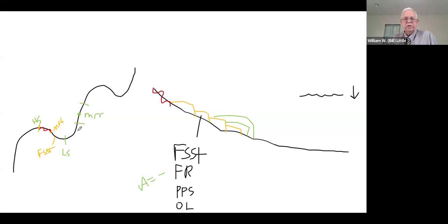Accommodation is being produced, but it's being produced relatively slowly. And so we're looking at a situation here. This is the lowstand systems tract, where accommodation is roughly equal to the sediment supply. It's characterized by an aggradational parasequence set.